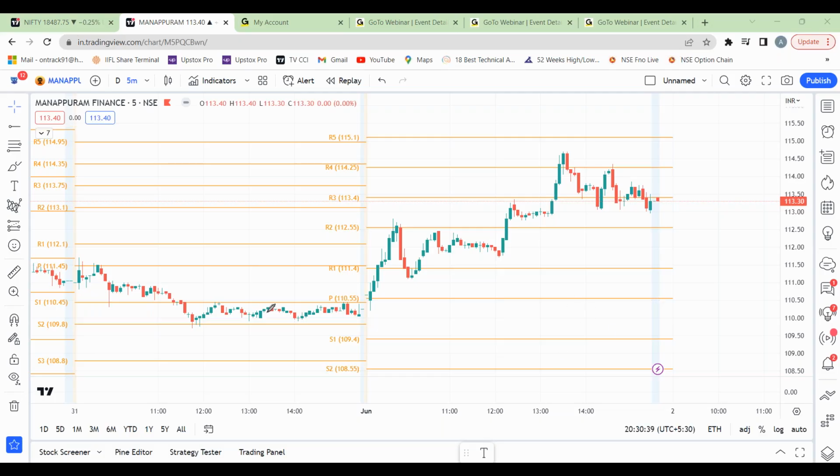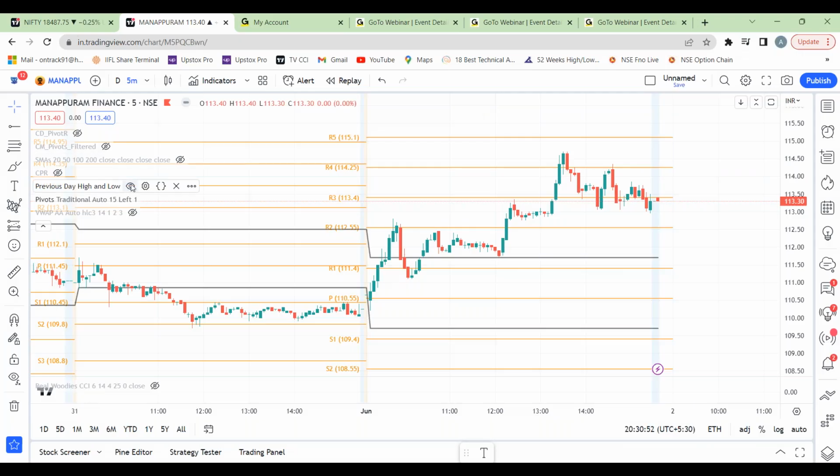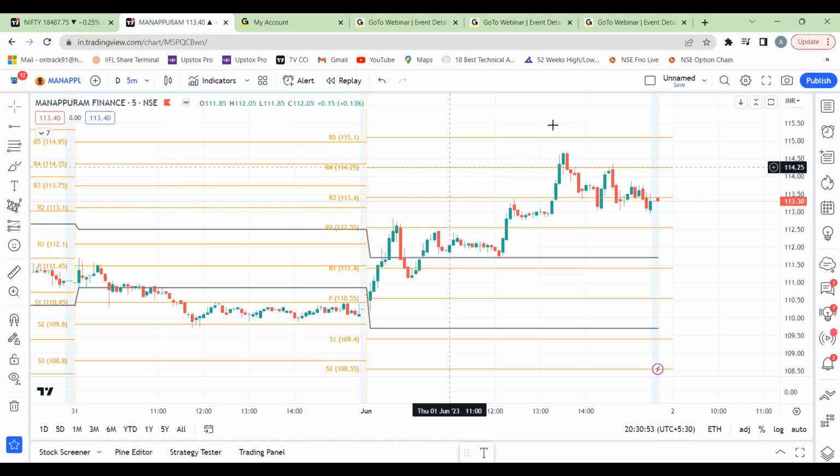Okay, guys. So pivots is one indicator I would suggest you have on your chart. Next, you add previous day high and low levels on your chart.